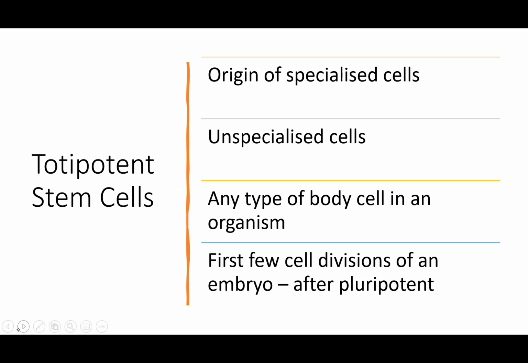We also find some stem cells in some adult tissue. So you as a human adult do still have some stem cells inside you, and in these adult tissues, they will become specialized cells that need to be replaced.